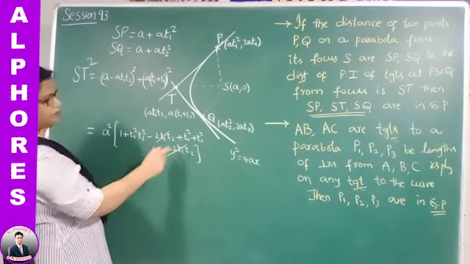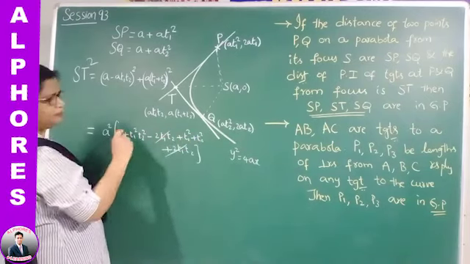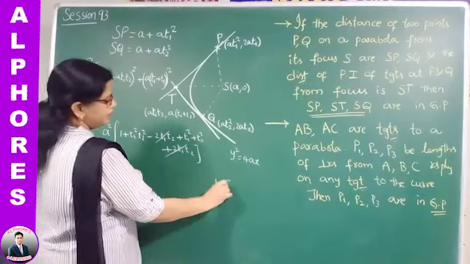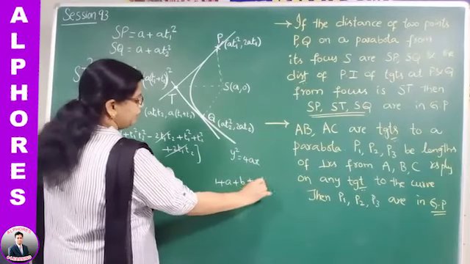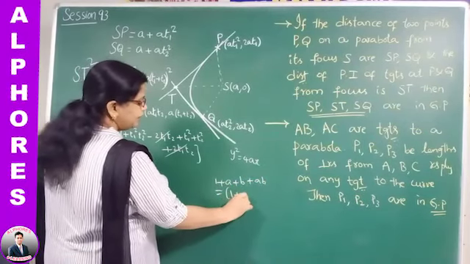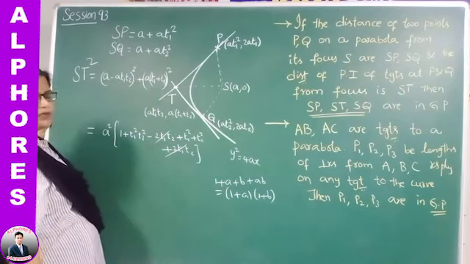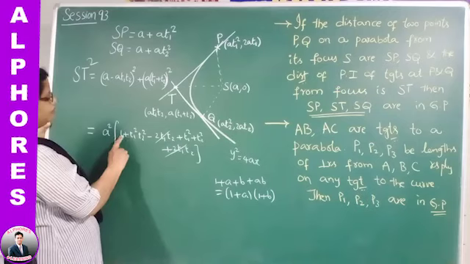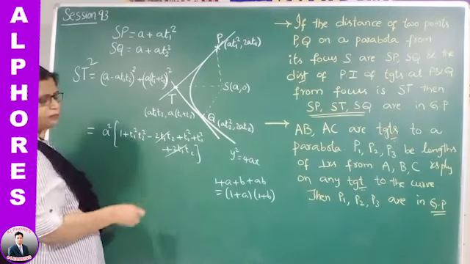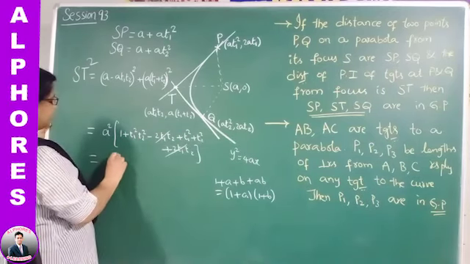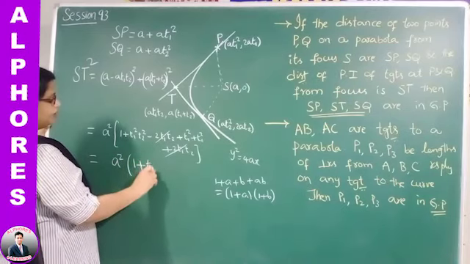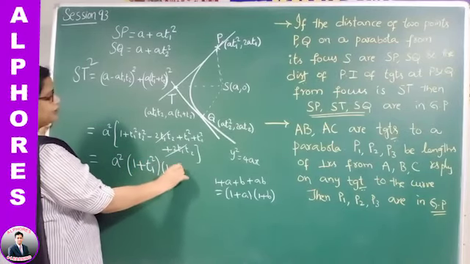Now it is of the form, students, 1 plus A plus B plus AB. Whenever you observe 1 plus A plus B plus AB, it is nothing but (1 plus A) into (1 plus B). No need of taking common in that way, you can use it directly. Therefore you can write this as a square into (1 plus t1 square) into (1 plus t2 square).